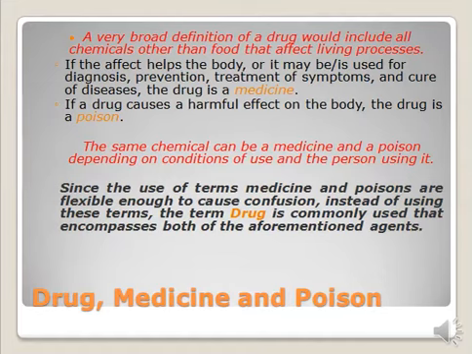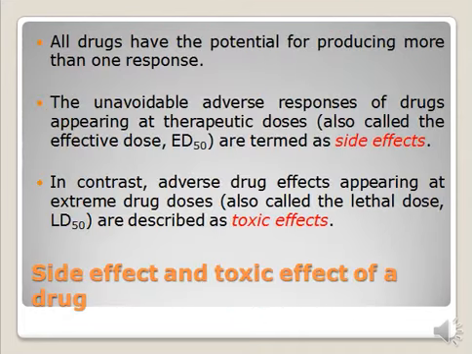So instead of using the term poison, or instead of using the term medicine, we use the term drug. And the broad definition of a drug is all chemicals other than food that affect the living process. So that effect may be positive or that effect may be negative as well.